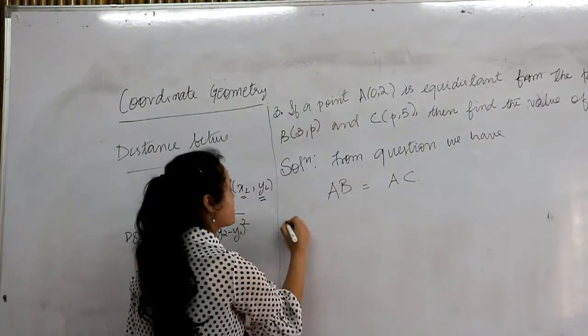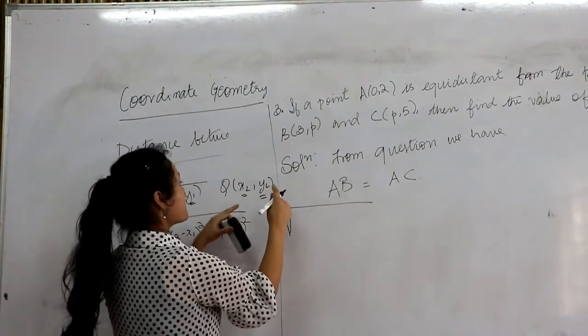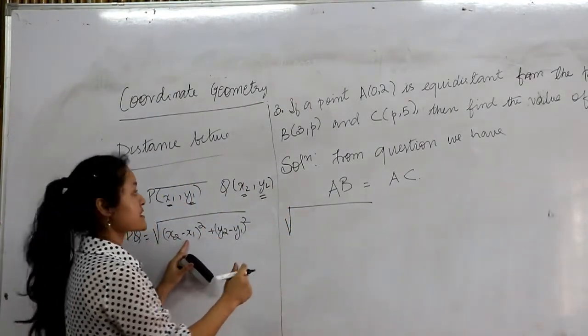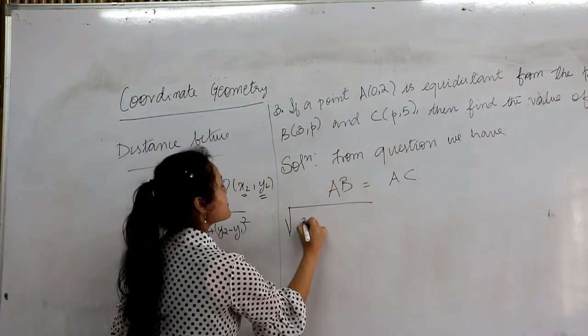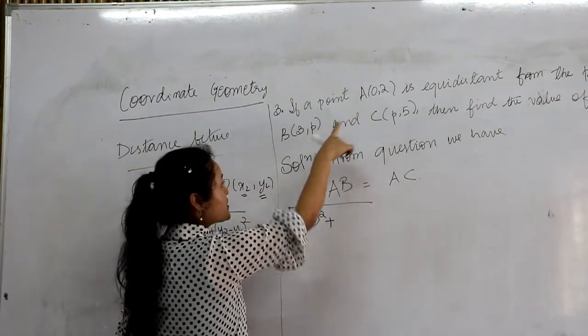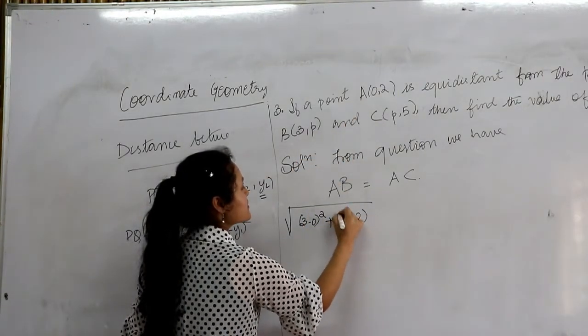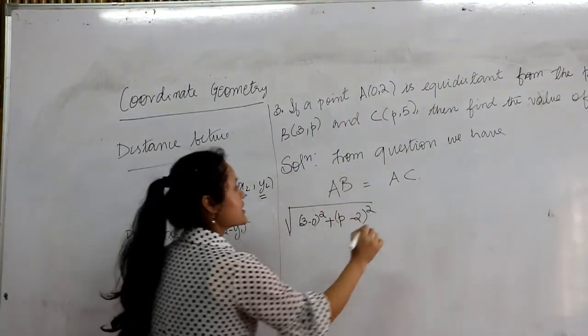Just apply here the formula directly. First it will be x2 minus x1, that means 3 minus 0, whole square, plus y2 minus y1, P minus 2, whole square, equal to.